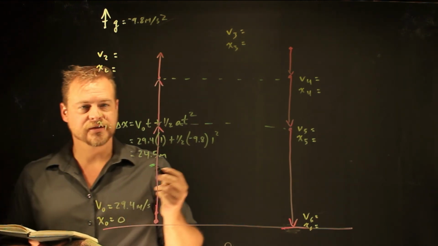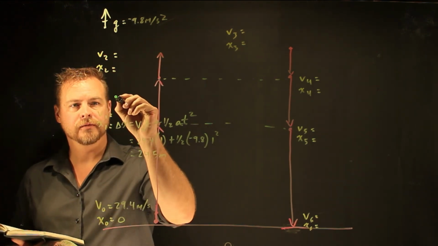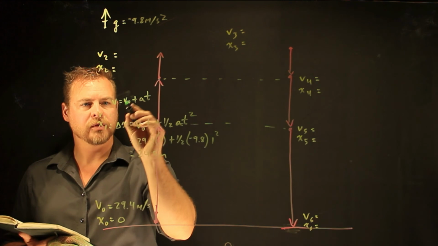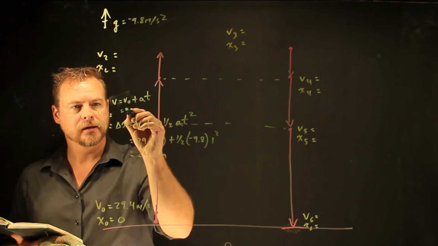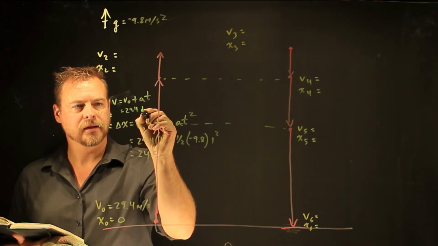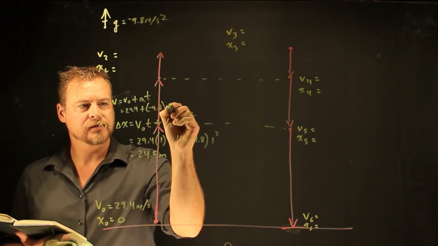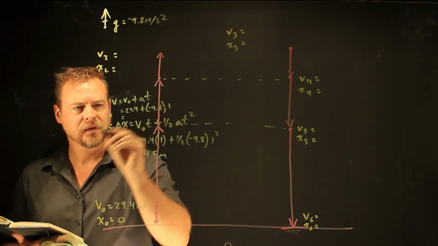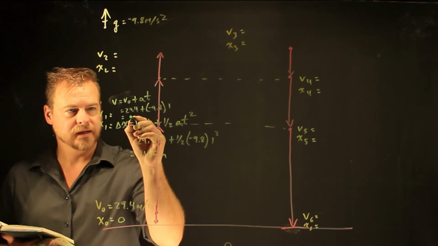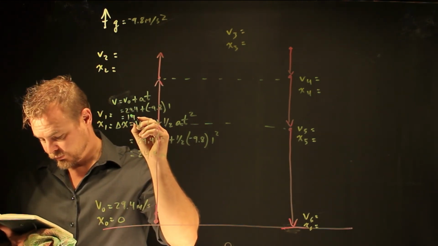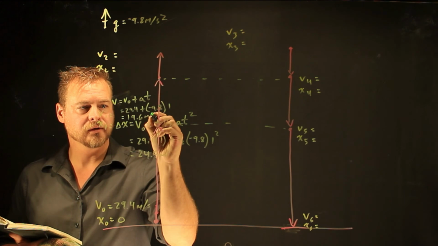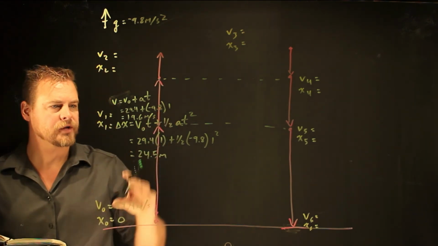Velocity, I'm going to do the same thing. When I plug in my numbers, I've got 29.4 plus negative 9.8 times 1 second, and that equals 19.6 meters per second. Sorry, it's a little bit crammed in here.